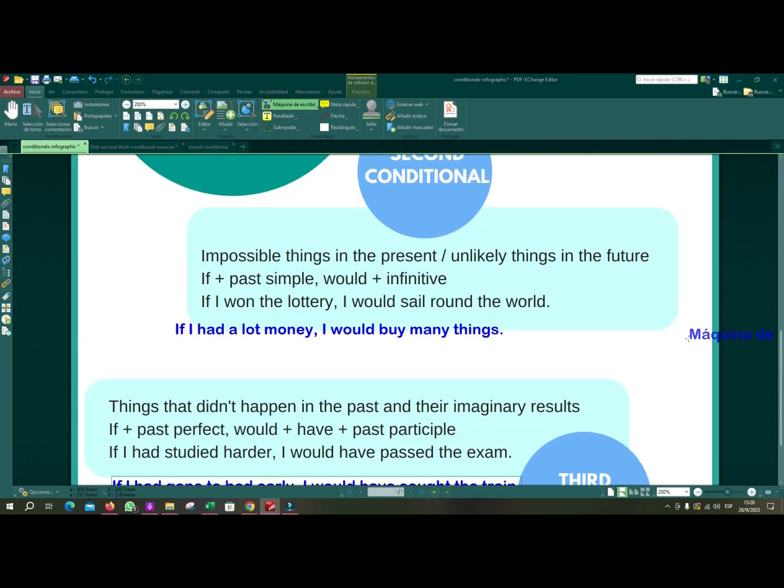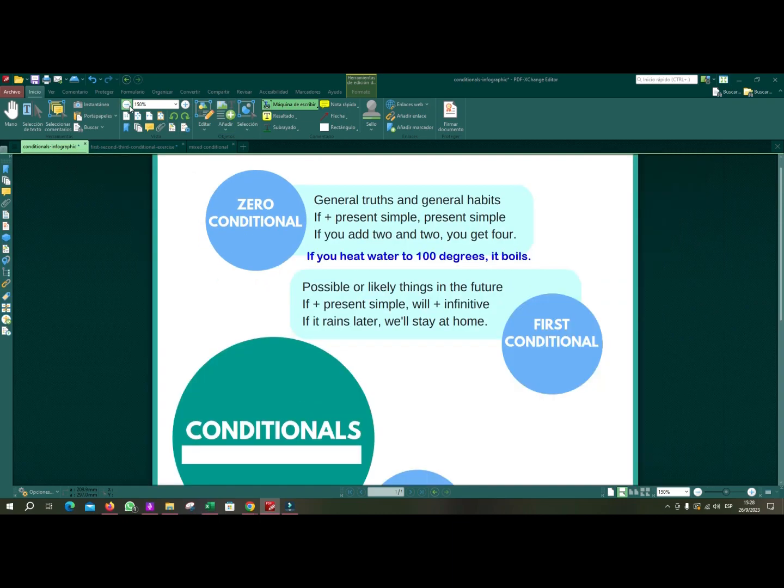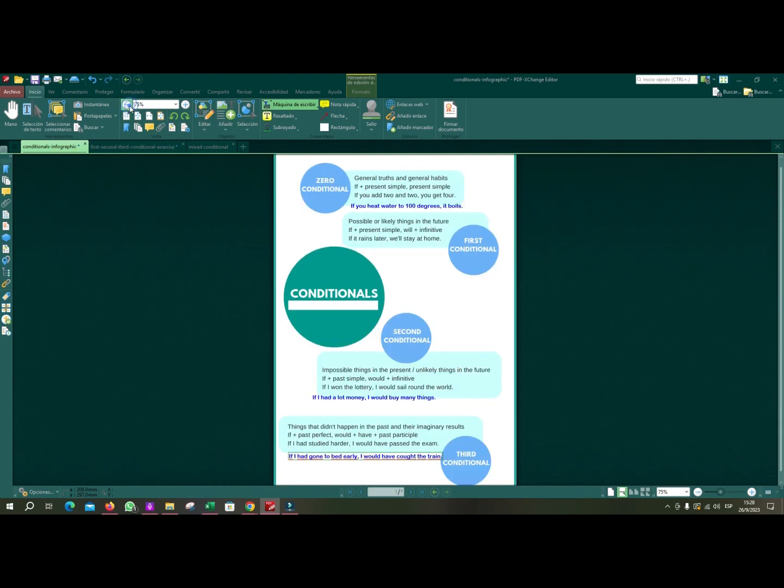So there you have the zero, the first, the second, and the third conditional. Let me do this for you to have this information, right? So don't forget the grammar structure of those conditionals, right?